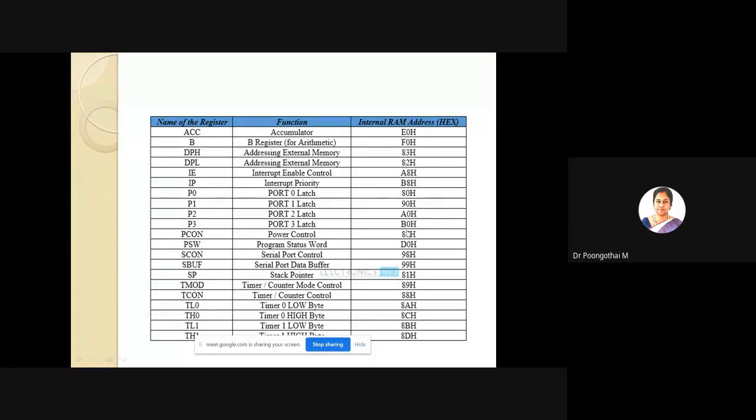Apart from I/O operation, your P0, P2 and P3 have alternate functions. Your P0 acts as a multiplexed address and data bus, and P2 acts as a higher order address bus, and P3 has alternate functions for supporting your interrupts, timer, and serial communication.